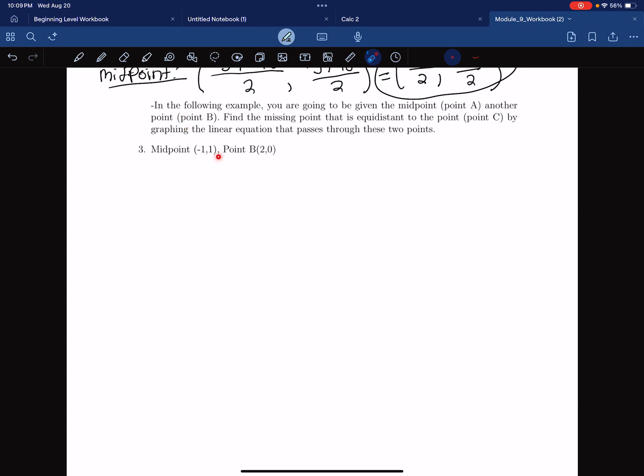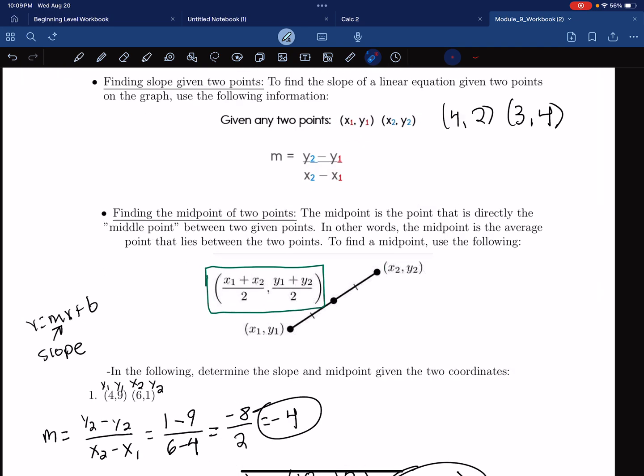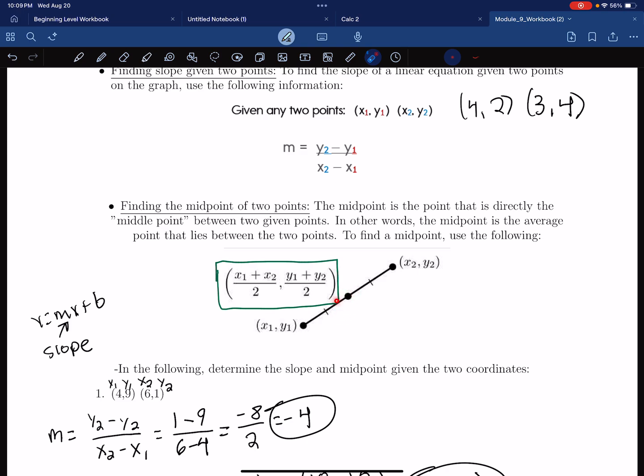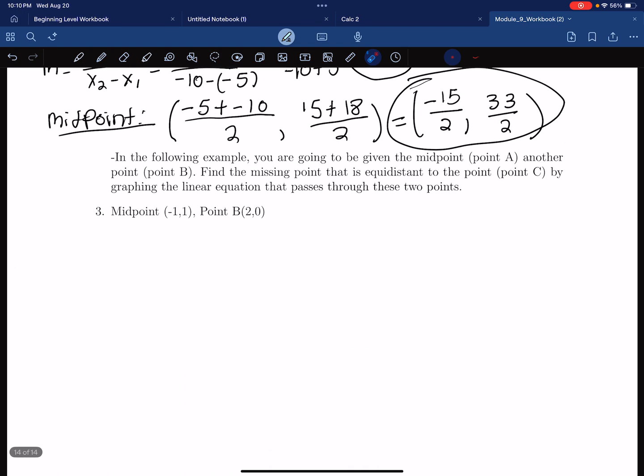So we're given this midpoint, which is here. Remember, the midpoint is this point here in the middle. And then we're given another point like this. So we're given a midpoint, and then we're given one of these points. And our goal is, by graphing this linear equation, to find the other missing point. So let's go through this.